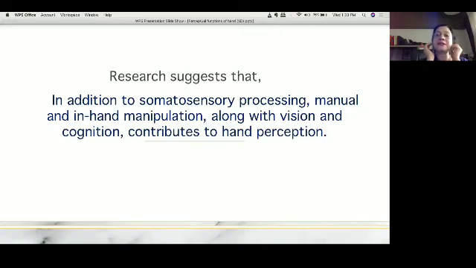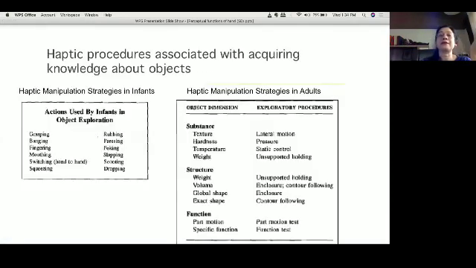Research suggests that in addition to somatosensory information, manual and in-hand manipulation along with vision and cognition contribute to hand perception. So please understand that when you're looking at hand function and hand therapy, you have to go a little bit deeper into how you would approach the hand.